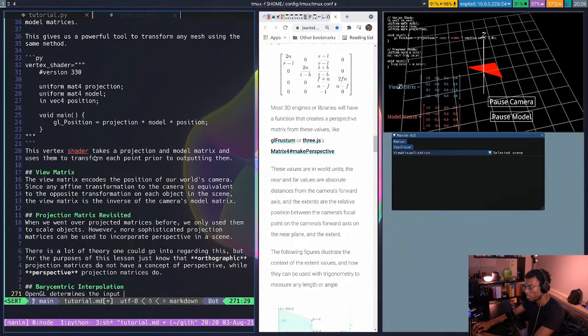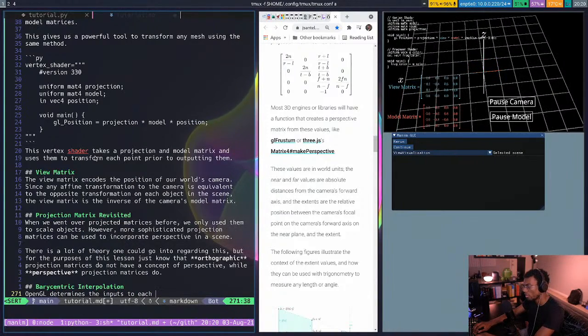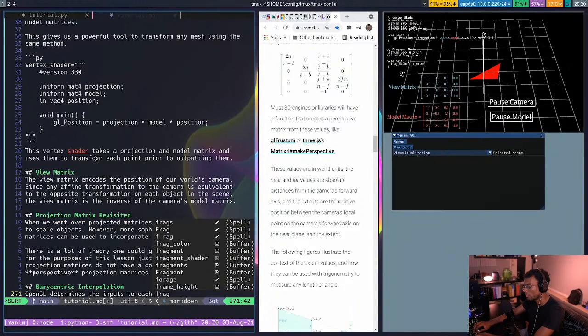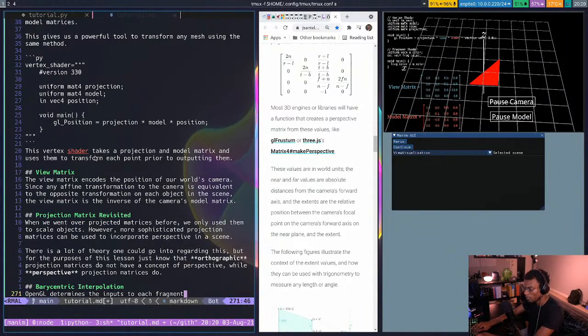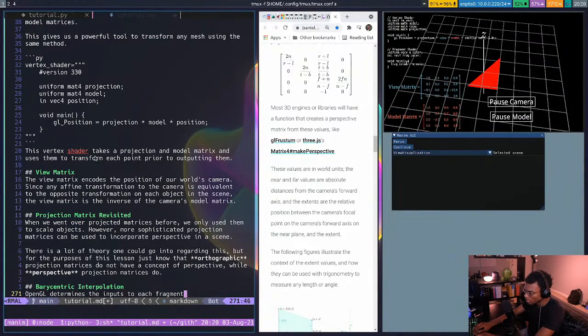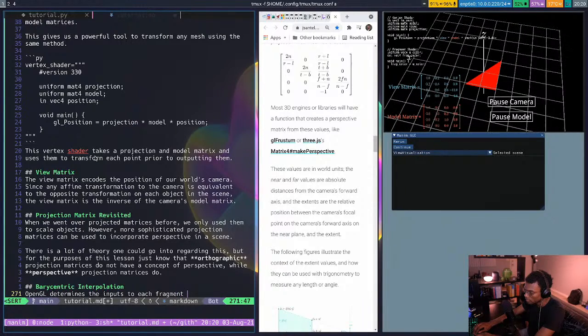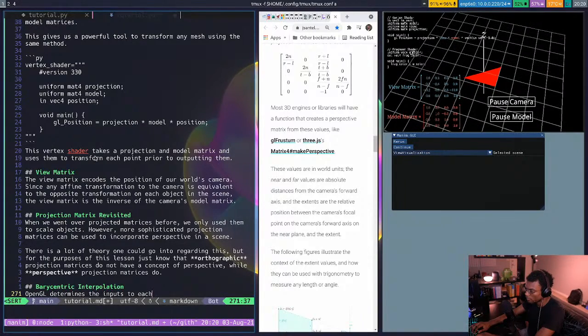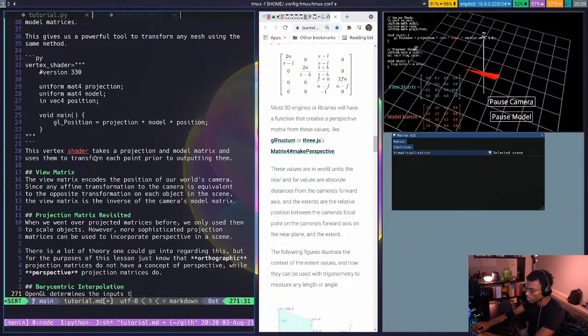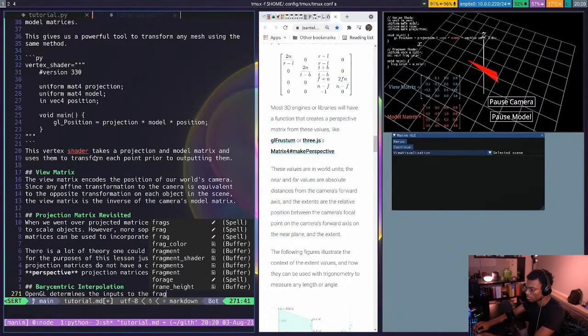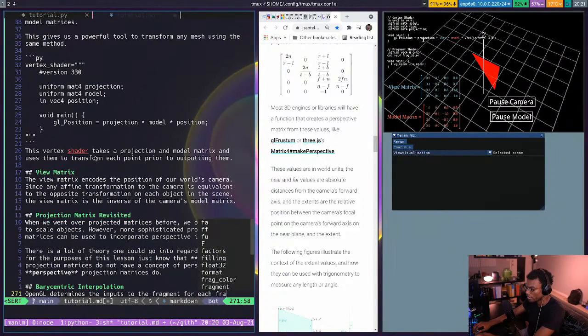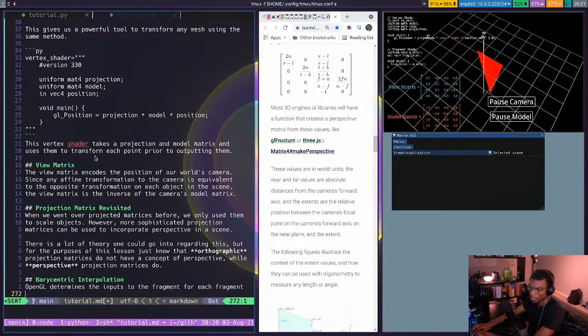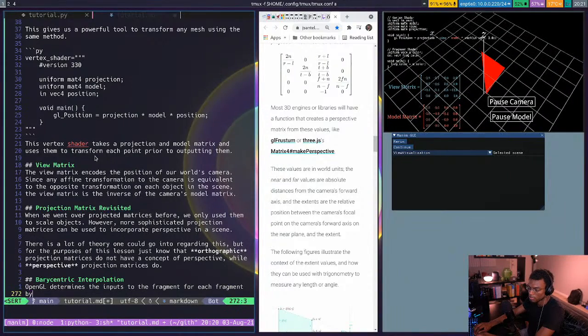Where is the inputs to each fragment? The inputs to the fragment shader, each fragment, do you cover the surface shaders?